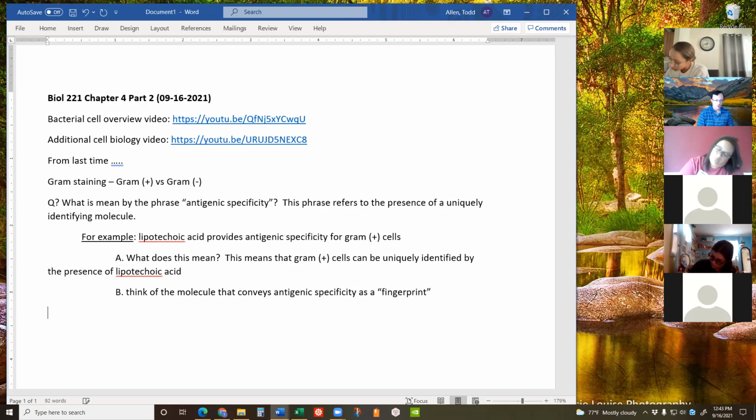Now, I don't want to get too deep into the weeds right now because we have a lot of things to accomplish. But you might ask, what is the connection between a fingerprint and the phrase antigenic specificity?